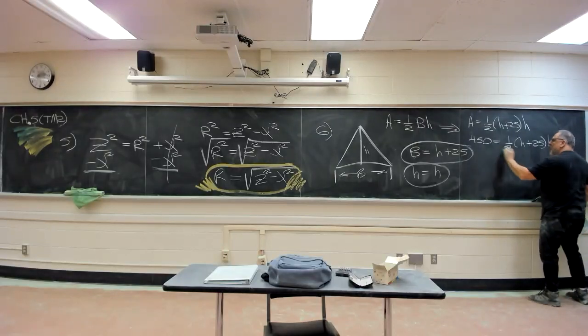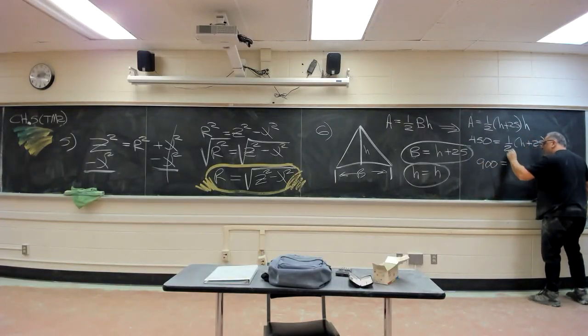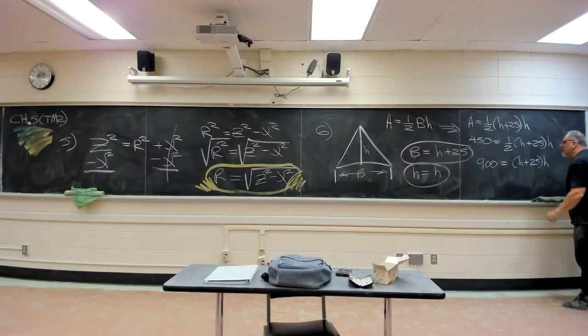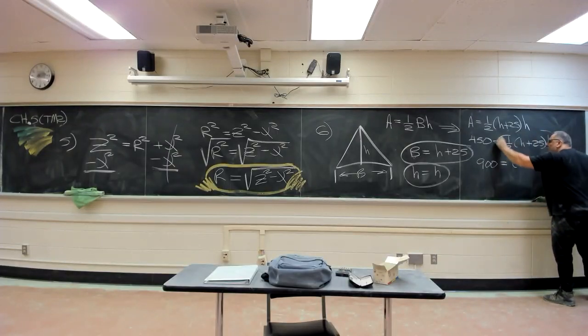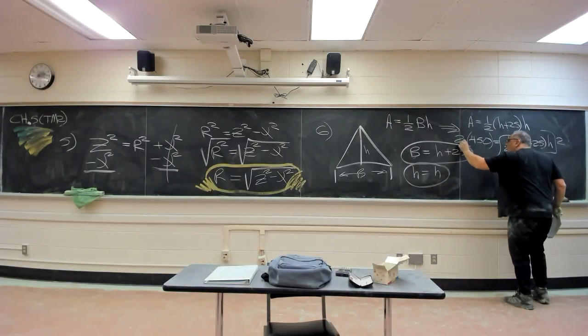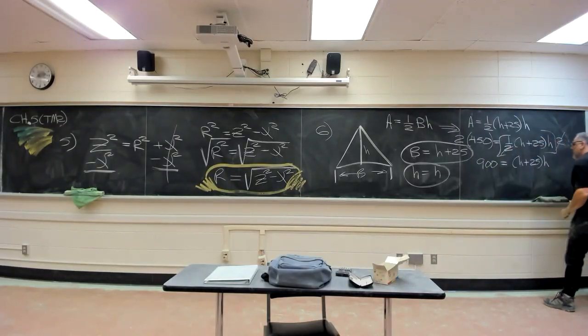If you multiply by 2 on each side, this becomes 900, and the 1/2 disappears.